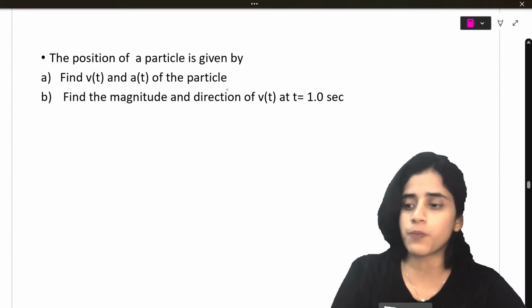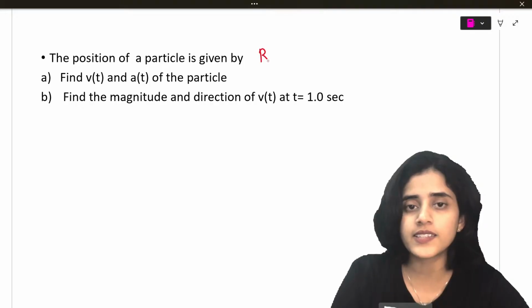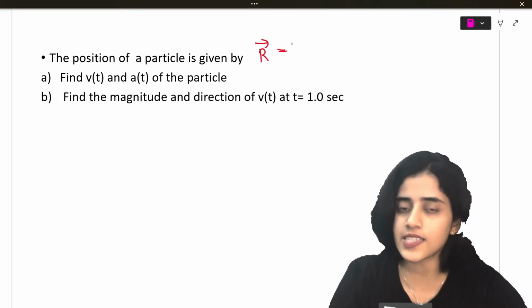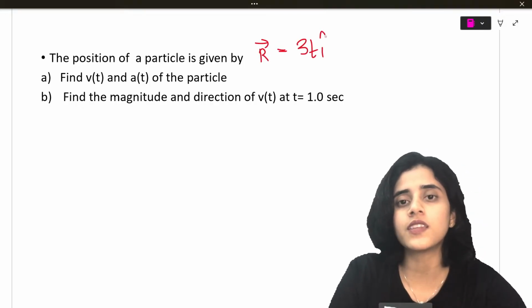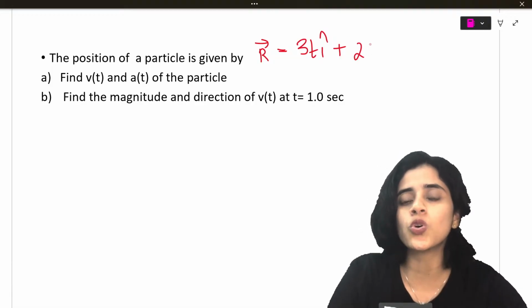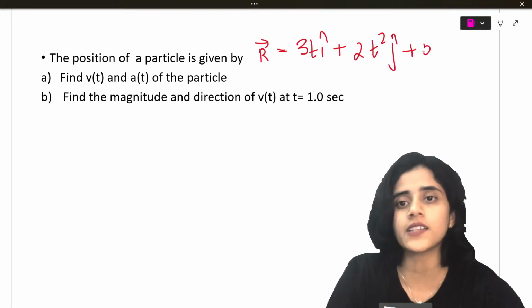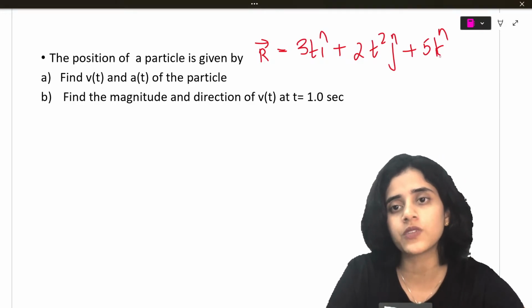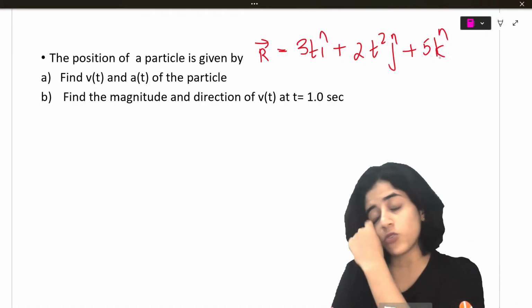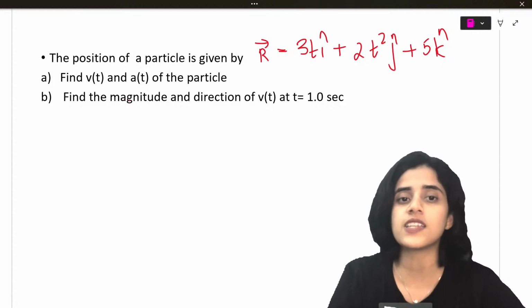The position of a particle is given by r is equal to 3t i cap plus 2t square j cap plus 5k cap. This is my question. So now I have movement along 3 axes, x-axis, y-axis and z-axis. Find v(t) and a(t) of the particle.